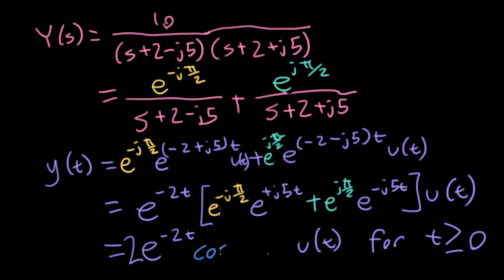And I'll write cosine of 5t minus pi over 2. And I write the minus here because I get the phase of my cosine from the term associated with the positive frequency. And of course, you can turn this into a sine and back using trig identities. So that's just another way to view it.